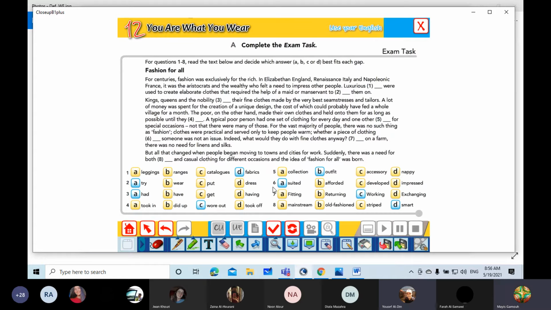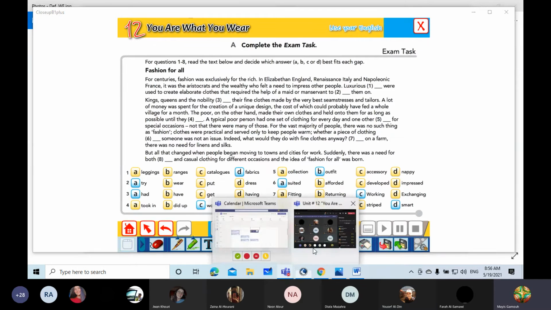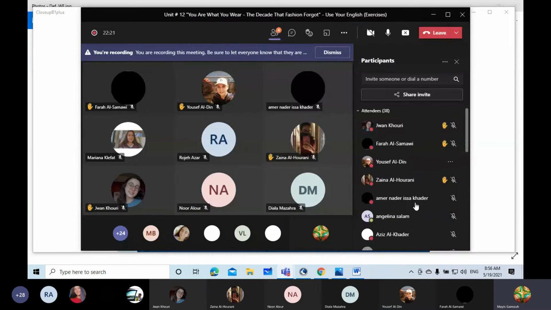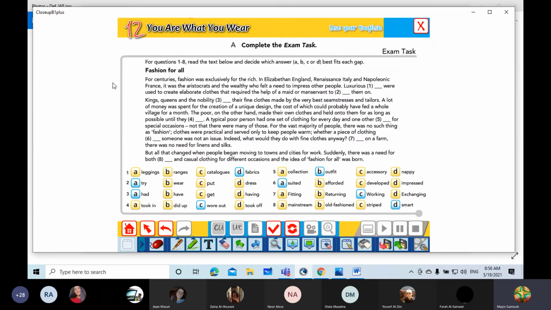Thank you, dear. Let's go to the second paragraph, and I'd like Zaina to read. Kings, queens, and the nobility had their fine clothes made by the very best seamstresses and tailors. A lot of money was spent for the creation of a unique design, the cost of which could probably have fed a whole village for a month.